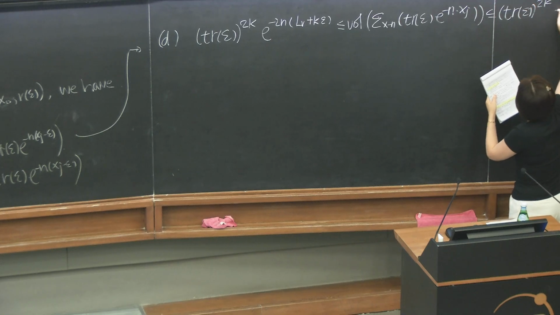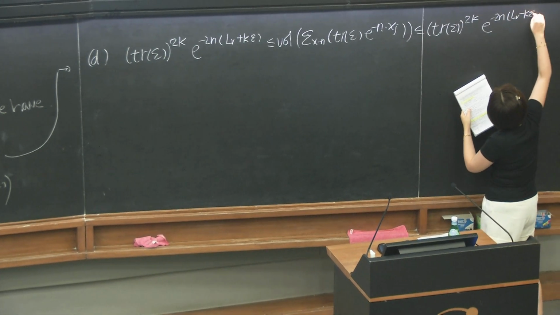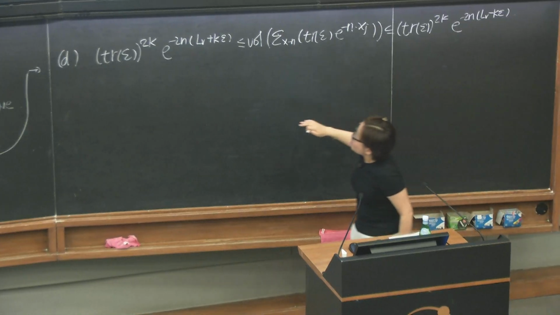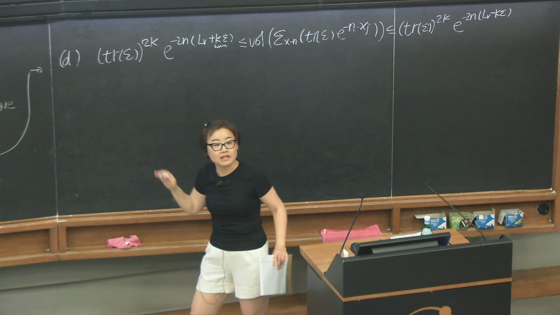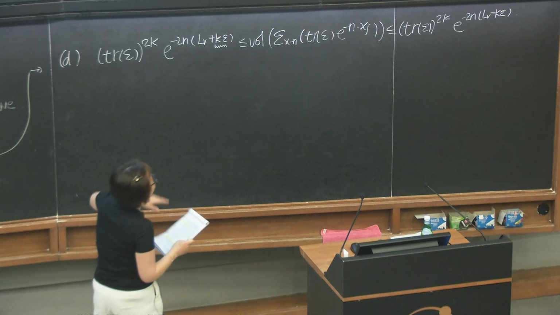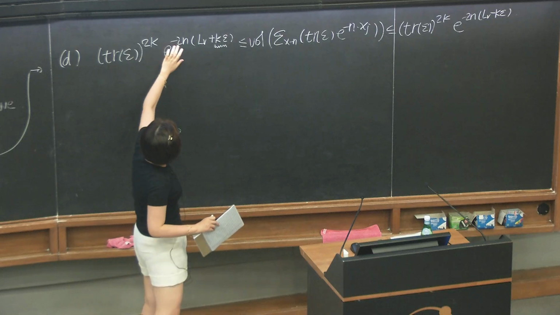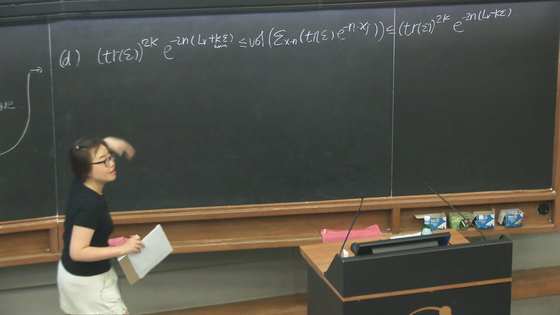For 2k, e to the minus 2n, Lyapunov exponent minus k epsilon. So basically, you always get this kind of controlled error. So that's the key. You want to estimate what is the volume. It's basically minus the sum of the Lyapunov exponent, but there's some nk epsilon.